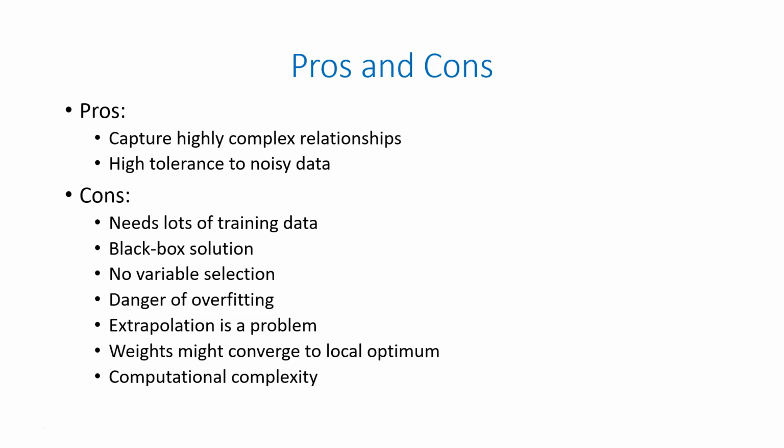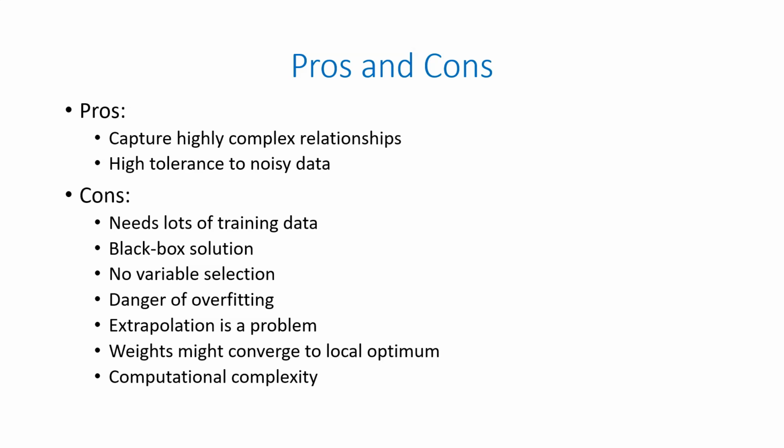Now that you have a good understanding of how neural networks work, let's summarize the pros and cons of neural networks as a business analytics technique. There are two important advantages of neural nets. First, it helps capture highly complex relationships that cannot be easily modeled by other analytics techniques.